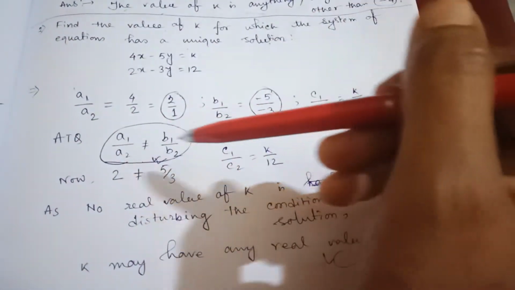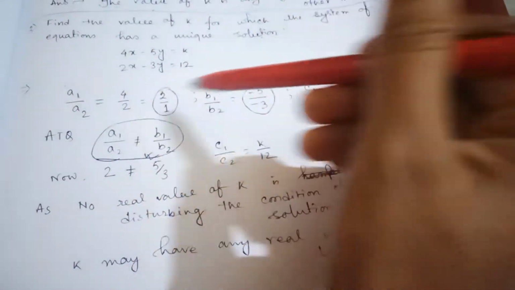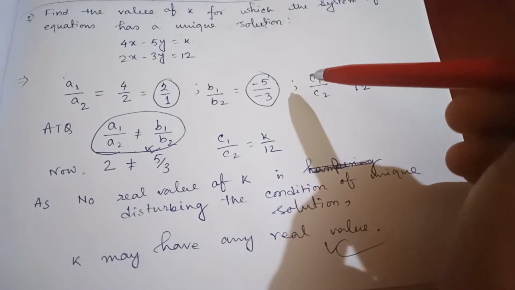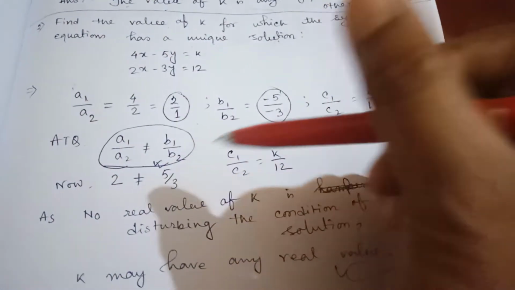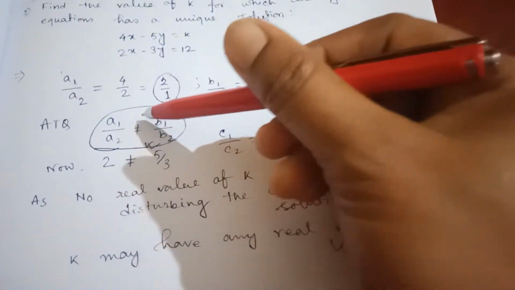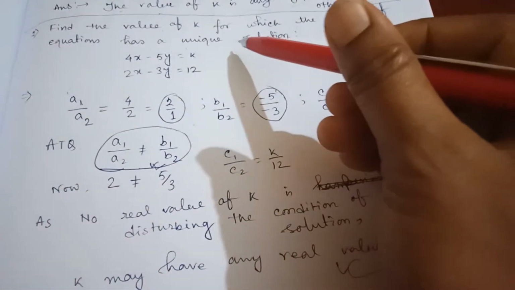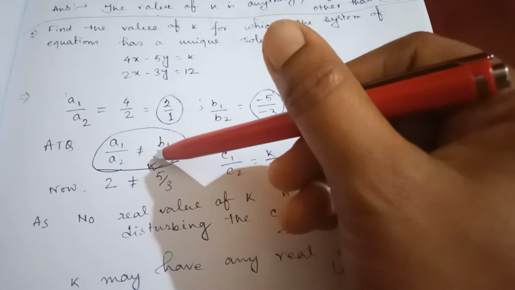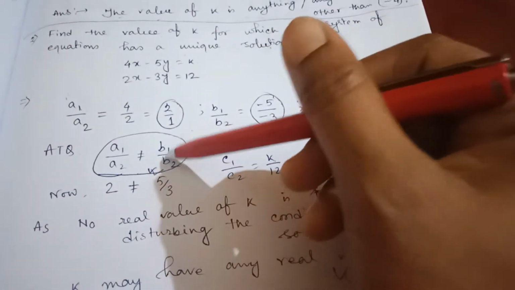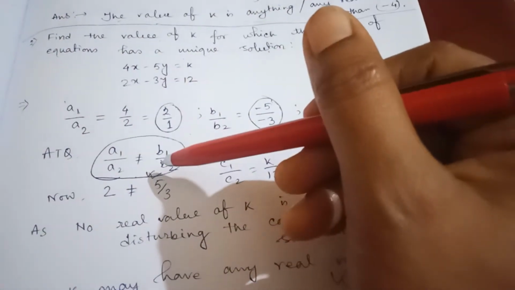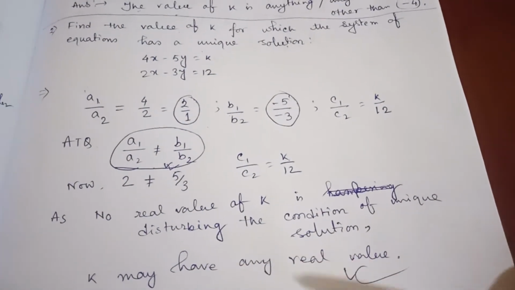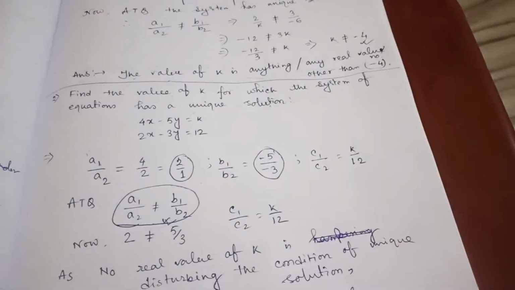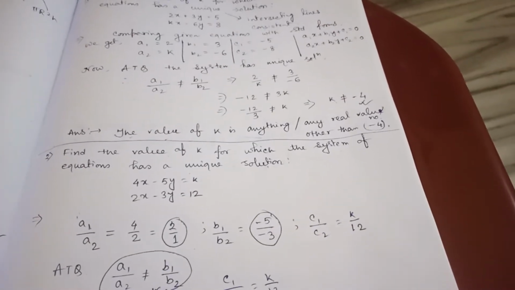So everybody please make sure that you are writing every statement whatever is needed, not more, not less, just to-the-point answers, and then you go to the given condition, write that condition, and if k doesn't belong to that, then k will have any real value. So I think now you have understood why I was telling that question number 1 and question number 2 are exactly different.